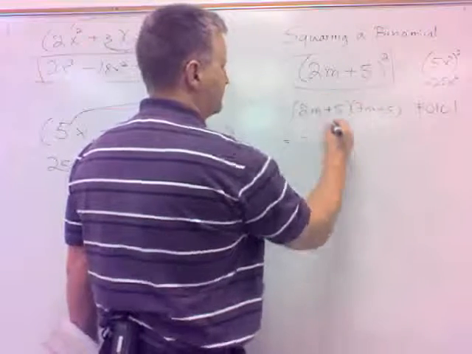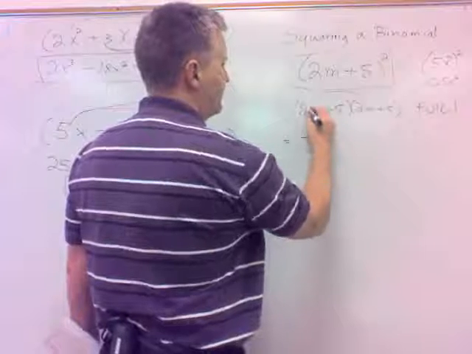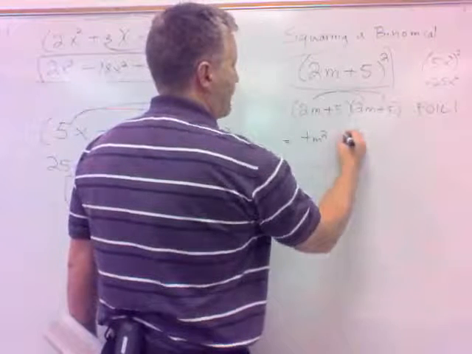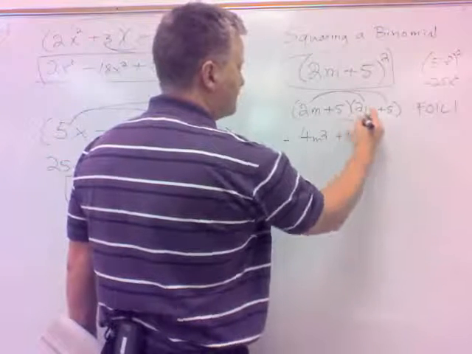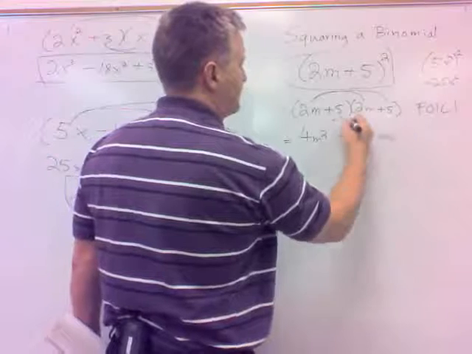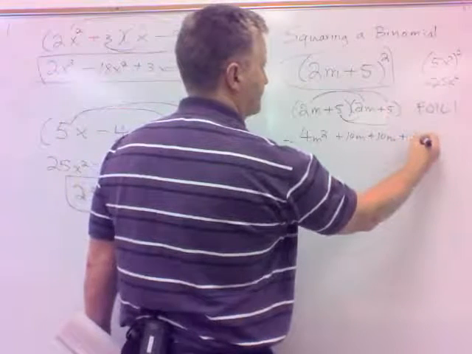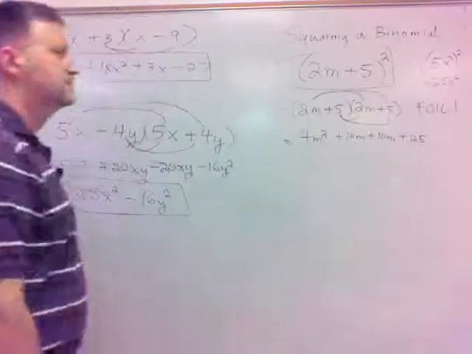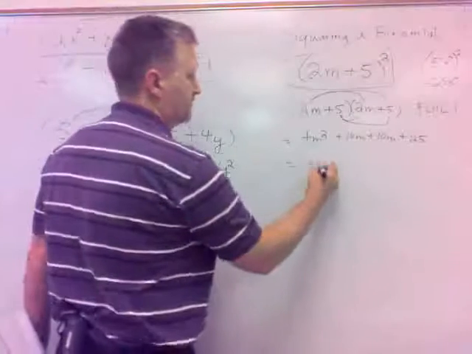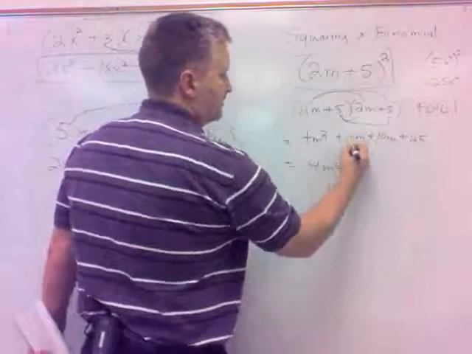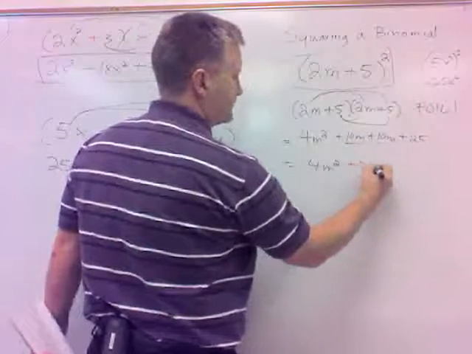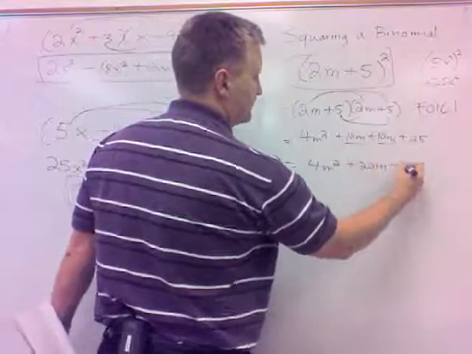So you have 2m times 2m is 4m squared. 2m times 5 is 10m. 5 times 2m is 10m. And 5 times 5 is 25. So that's 4m squared. Middle terms are 20m, 10 and 10, plus 25.